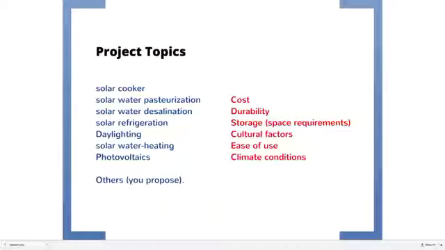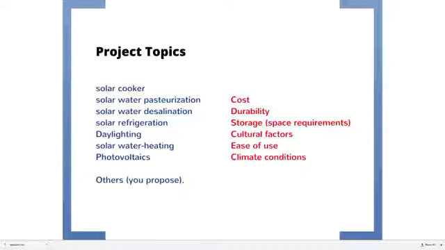Solar water pasteurization, we'll talk about what that means. Water desalination, to me that's kind of a huge, one of the biggest problems that we will face in the next couple of decades. I would say majority of the humans, if you ask them what problem will you face in 20 years, I would say it's availability of water. So that's why I've kind of emphasized water there.